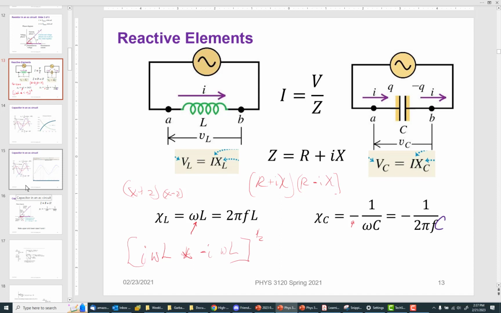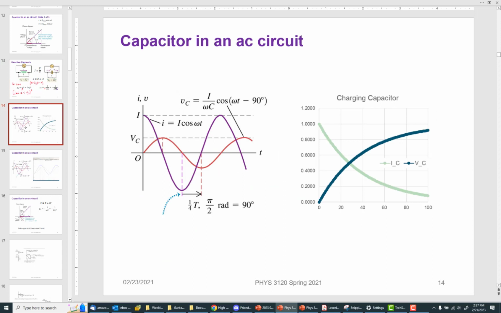Alright, now let's go to the next slide. So if we look at the voltage across the capacitor and the current in the capacitor, what we see is that the voltage is ahead of the capacitor.